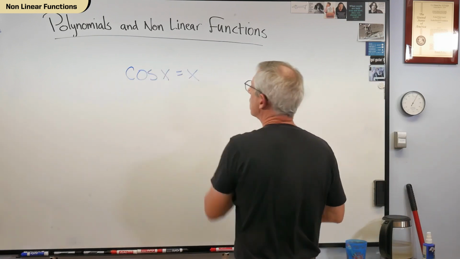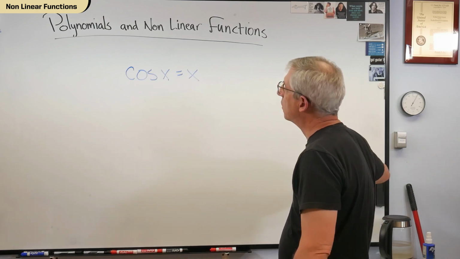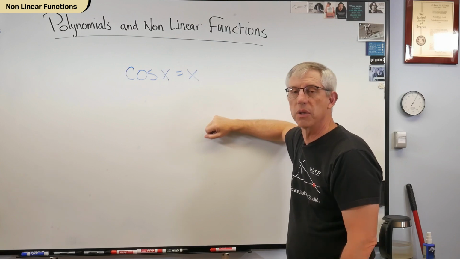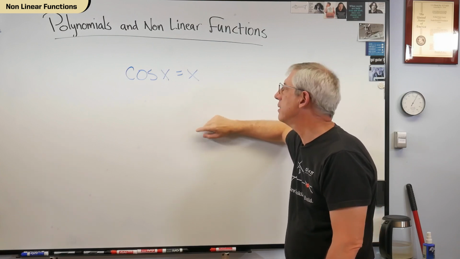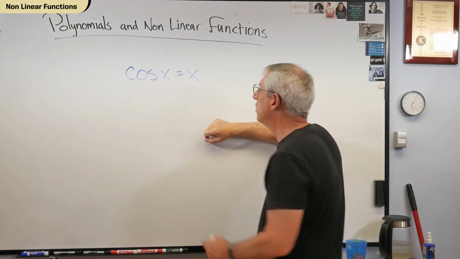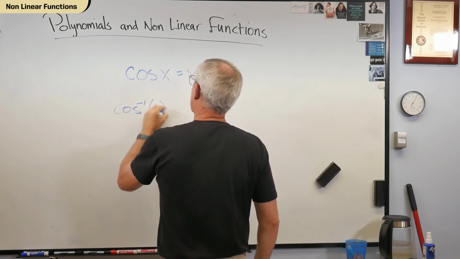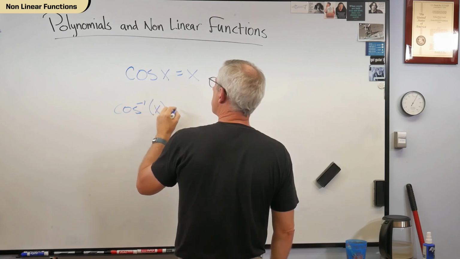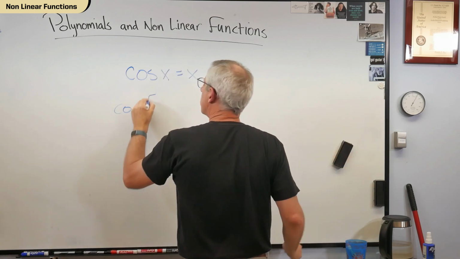Let's start with the original. If you're going to solve this, you're going to need to get an expression where x is on one side of the equal sign and there's something else, a bunch of numbers that you can calculate, on the other side. How are you going to do that? Well, how about inverse cosine? I'm going to add the parentheses there.